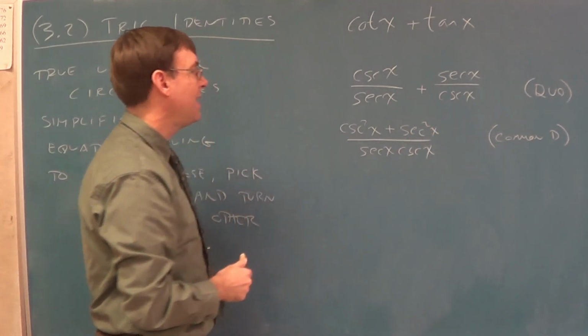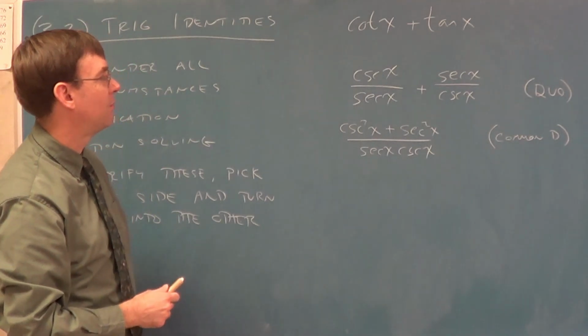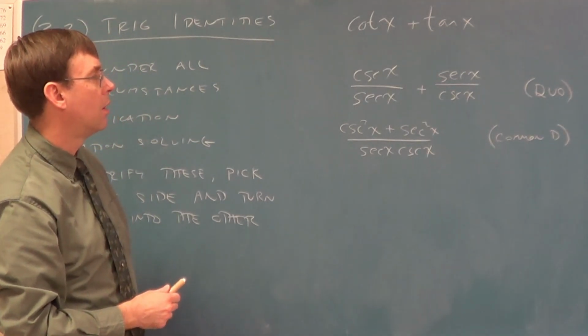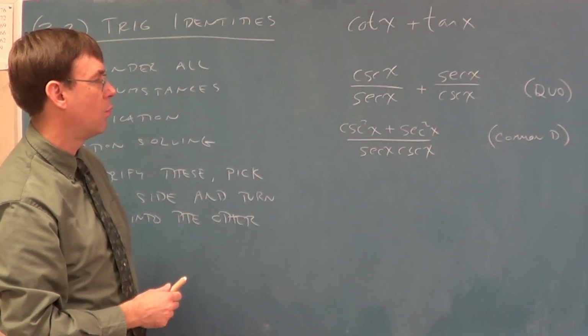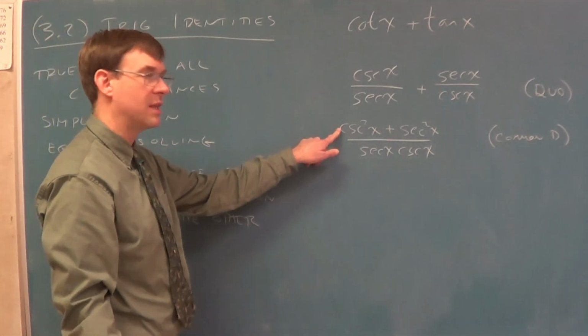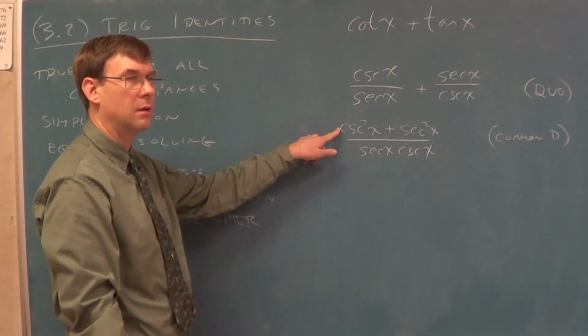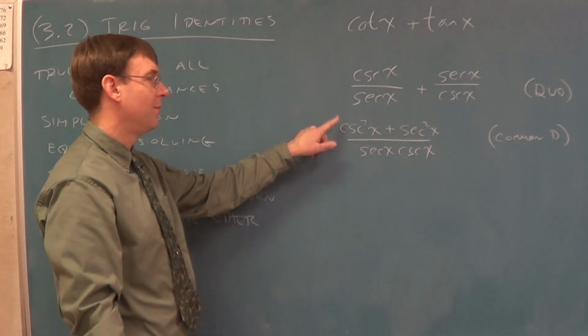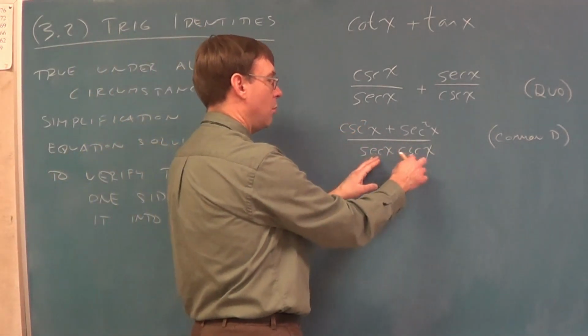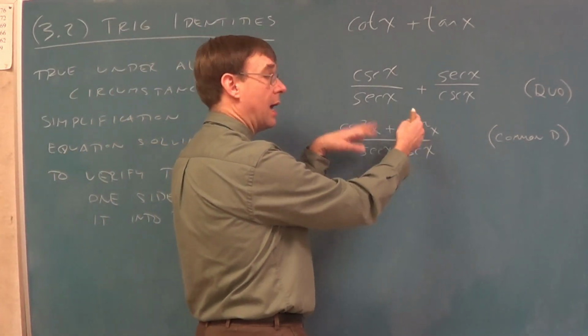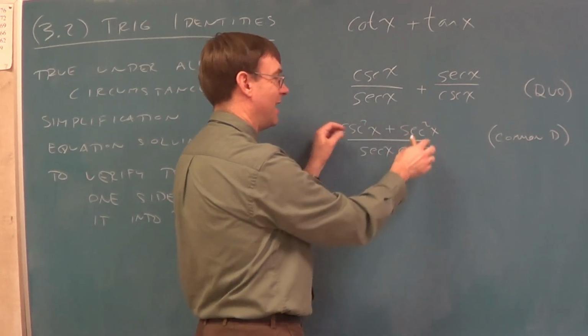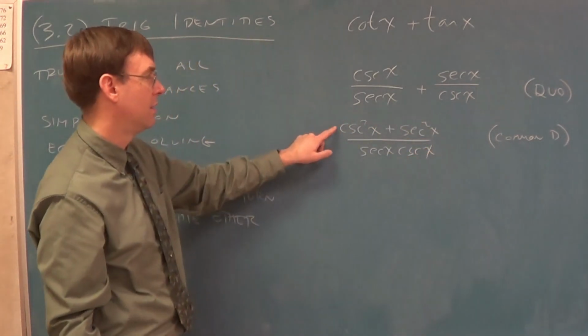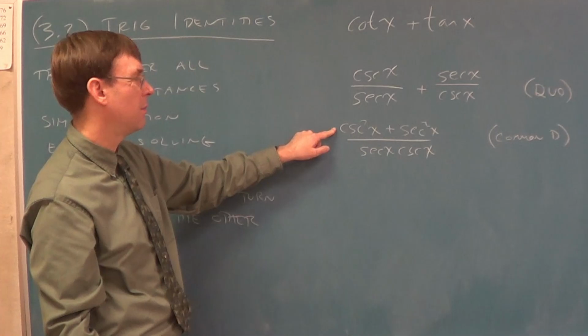And I think we could save this, but I think it would be more work than it's going to be worth. What would you think next with the squares? Cancel? Now we can't cancel. If these are multiplying and these are multiplying, we could cancel. But if this is adding, we're just kind of stuck with it. So it isn't going to be an algebra thing.